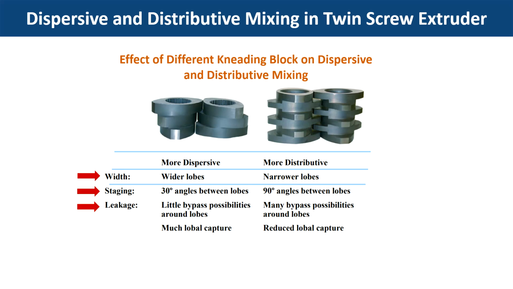However, if there is more leakage, it will lead to better distributive mixing than dispersive mixing. In most instances, the presence of dispersive and distributive elements leads to lower throughput, which is not desirable as it will lead to higher product cost. So, elements are selected to achieve a balance between quality and throughput rate. Therefore, optimization of the process is so important.